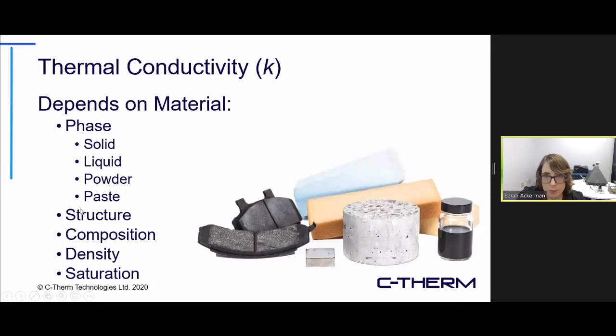The structure of the material is especially important for composite materials. How well organized the filler is in a composite material will have a huge effect on the effective thermal conductivity. The composition of the material, the density, especially in the case of porous materials, and the degree of saturation will all affect the effective thermal conductivity of a material.